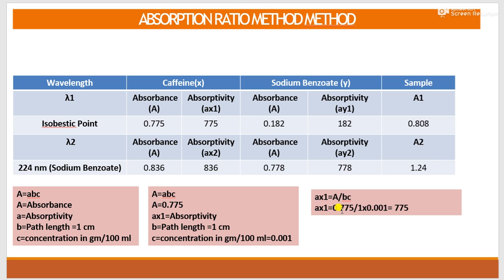So AX1 is equal to 0.775 upon 1, which is the path length, and 0.001 is the concentration of this 10 ppm caffeine solution, which we have converted into gram per 100 ml. So 10 ppm is equal to 0.001 gram per 100 ml. So absorptivity will be 775. Similarly, absorptivity for all these absorbances can be calculated.